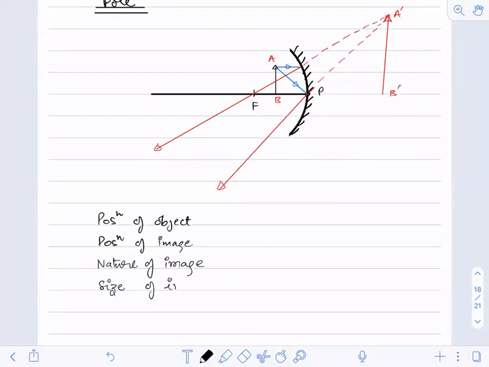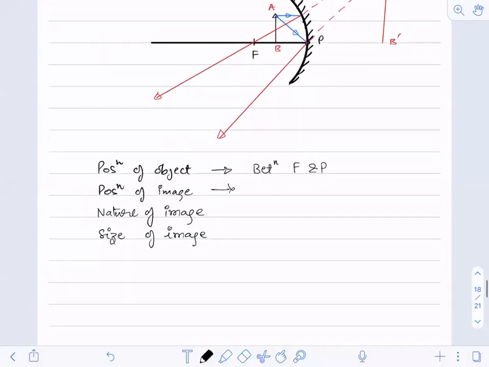Position of object is between focus and pole, between F and pole. Next, position of image, what will you write? Position of image is behind the mirror.